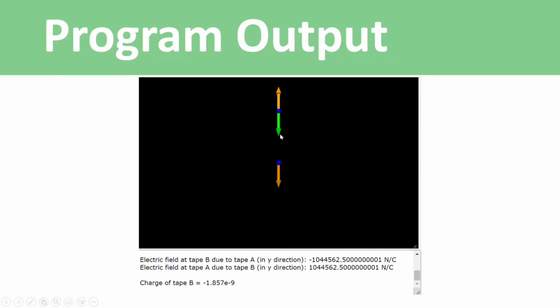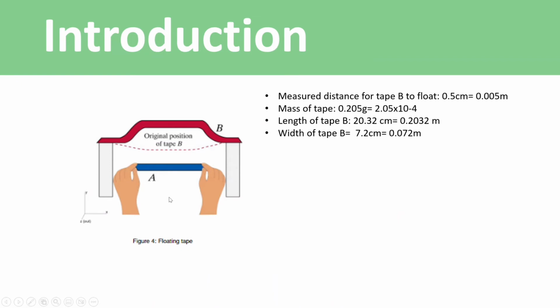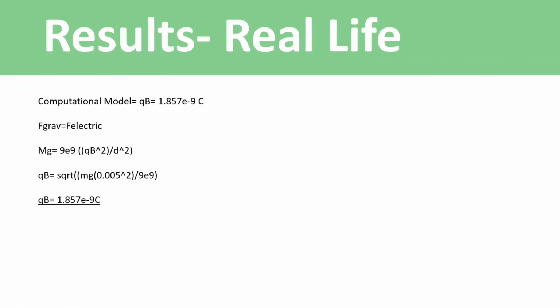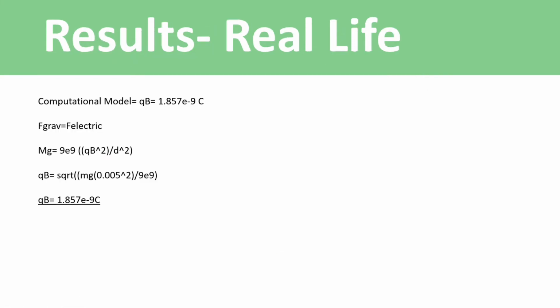As we can see, they are repelling each other, so one goes upward. That's why tape B is lifting, and tape A, this one, is going downwards, because they're repelling each other. If we calculate this, the computational model gives us a result of minus 1.857 e to the negative 9 coulombs in charge, and when we do the calculation by hand, we get a similar charge of 1.857 e to the negative 9 coulombs.